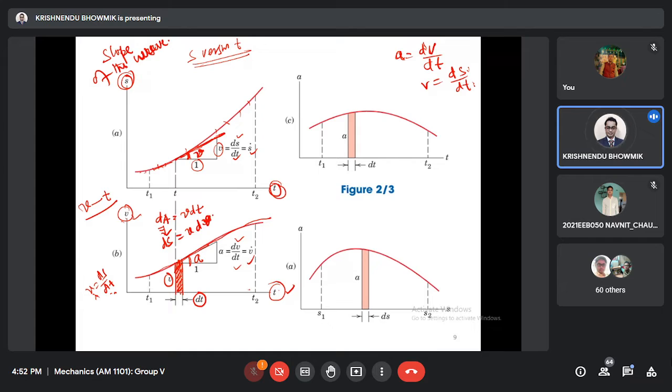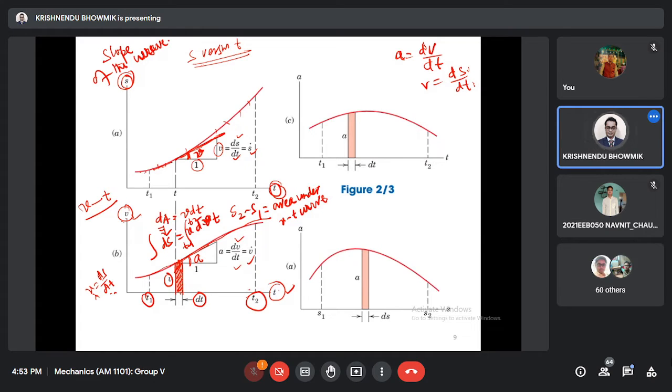And if you do the integration from t1 to t2, then you will get s2 minus s1, that is nothing but the total area under the v-t curve.